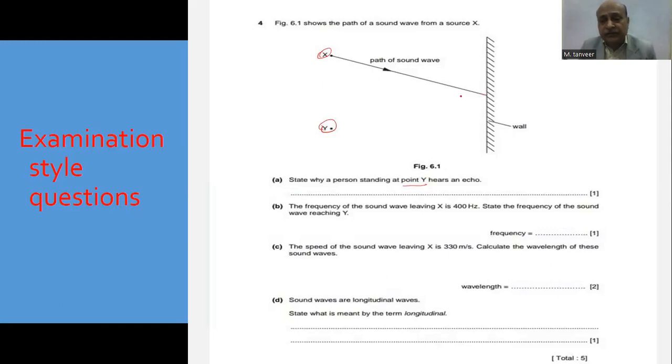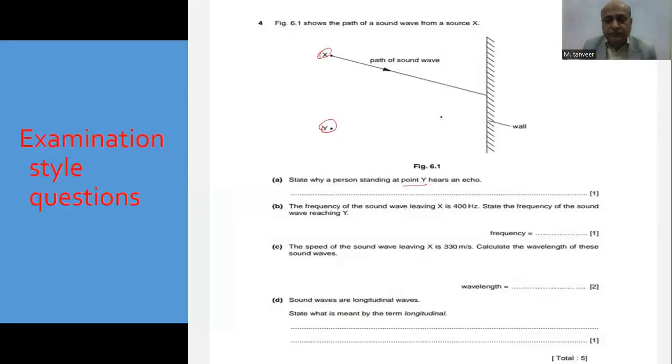When a sound wave strikes, if we draw a perpendicular at this point, this is the angle of incidence. So the sound wave will bounce back with the same angle. Angle of incidence and angle of reflection must be equal.